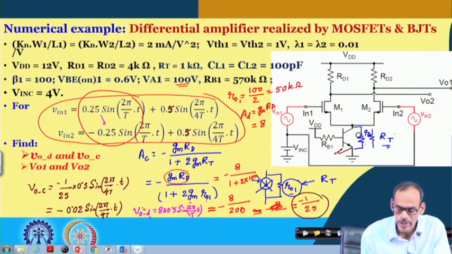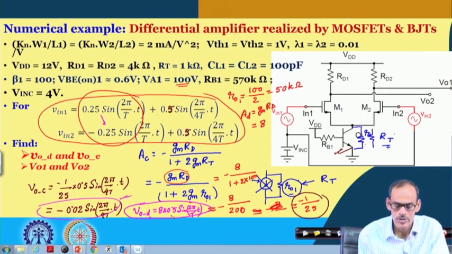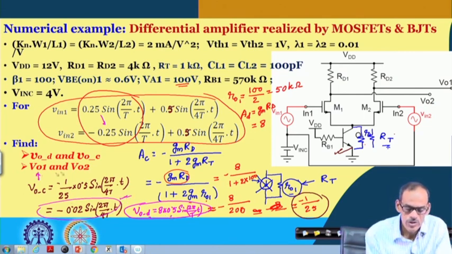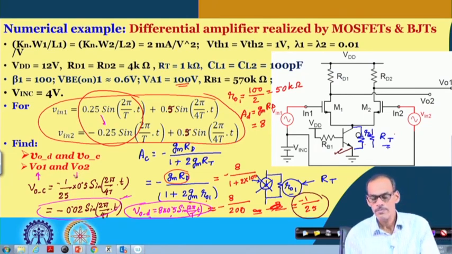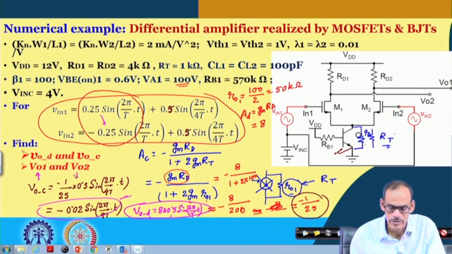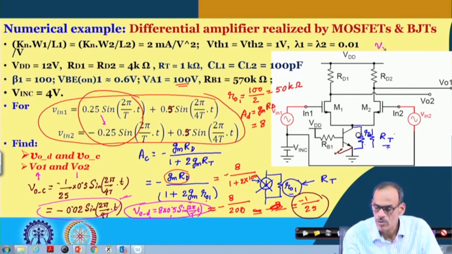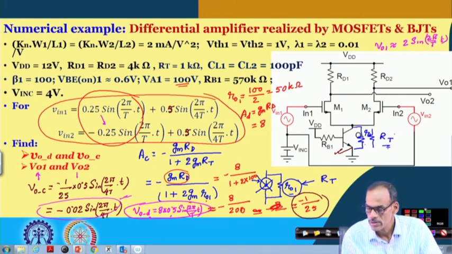So, then if I combine this differential signal and common mode signal, since the common mode signal is very small compared to the differential part, then the individual signals will be very close to fully complementary to each other. So, we can say that VO1 is almost equal to 2 sin 2 pi by T into t, and VO2 is very close to minus 2 sin 2 pi by T into t.